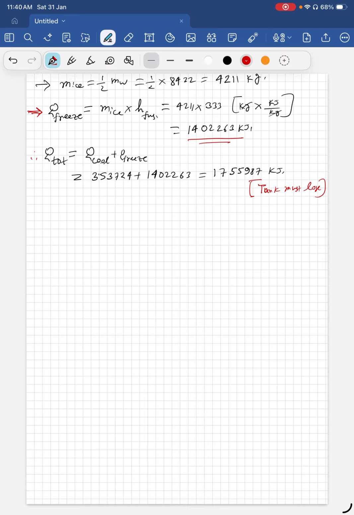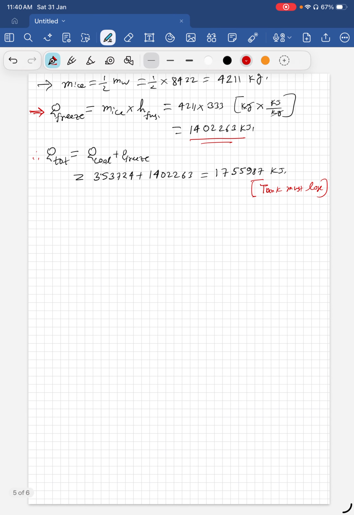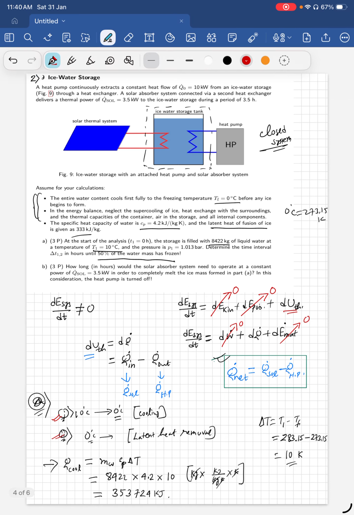Now, according to our question, we have to calculate the time interval it takes to freeze 50% of the water mass. So it's a very crucial part here. Do you think we can divide the energy directly by 10 kilowatt?